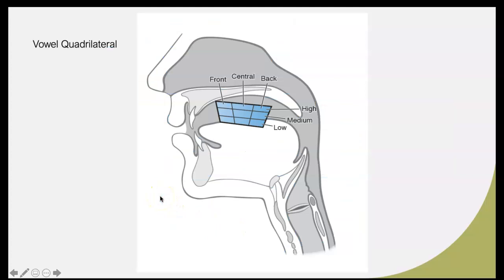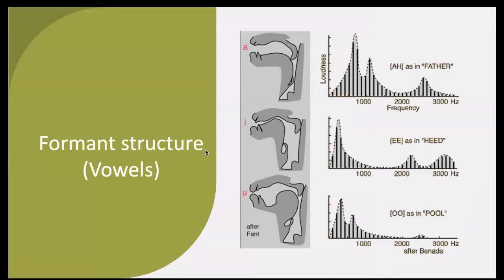So when we talk about vowels, we categorize them into front, central, and back, and then kind of with the tongue height, high, medium, and low. So where they're produced and how high the tongue is. Okay. Now, we refer to this as the vowel quadrilateral. And you're going to see, I found a good visualization of how changes in the articulatory structure of the mouth, tongue, changes the acoustic output for each vowel.